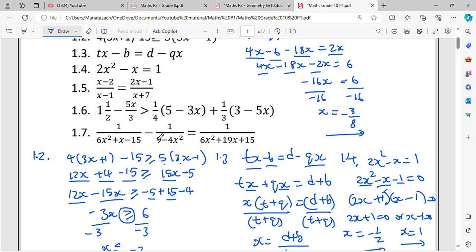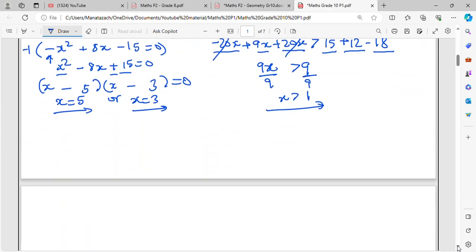So this is going to be our final question here. 1 over 6x squared plus x minus 15.